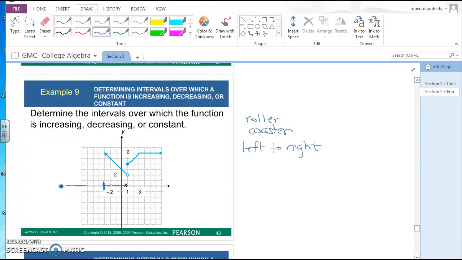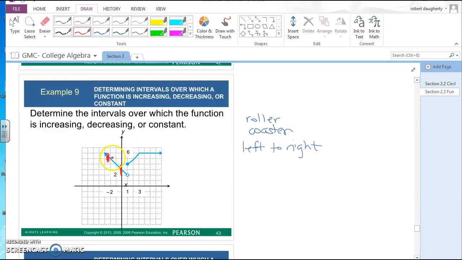Once I get to this point, my roller coaster starts to go up. Once I get to this point, my roller coaster goes steady. It no longer goes up or down. So mathematically, we're talking about whether a function is increasing or decreasing. Let's just say, for example, I mark these two spots.